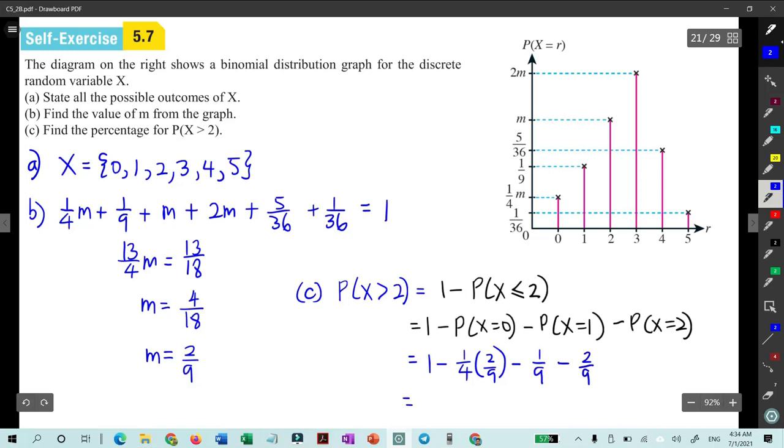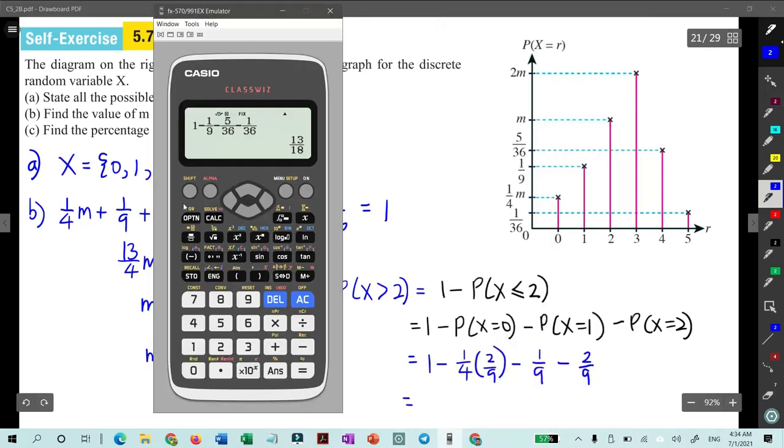Okay, 1 minus, I simplify this, so I get 1 over 18 minus 1 over 9 minus 2 over 9, and the answer is 11 over 18.